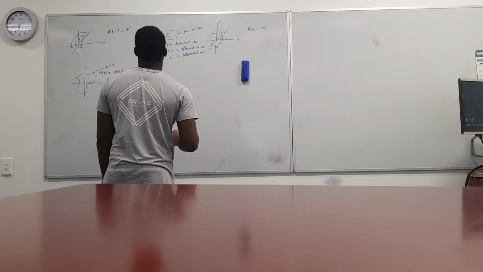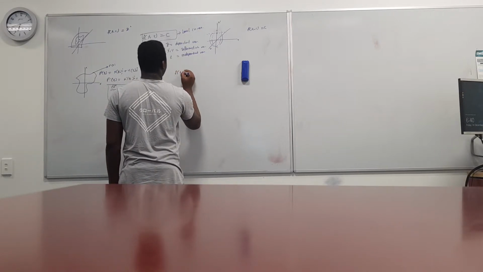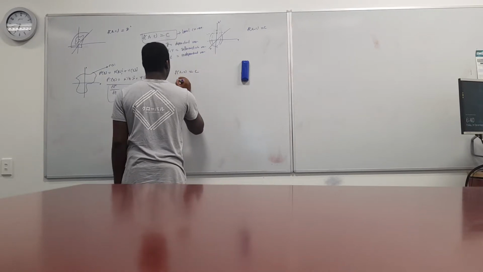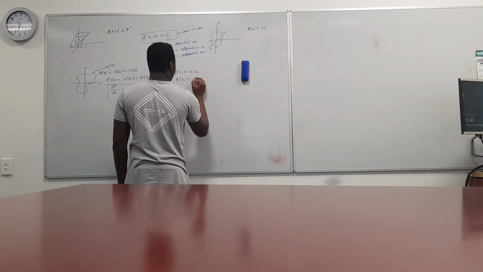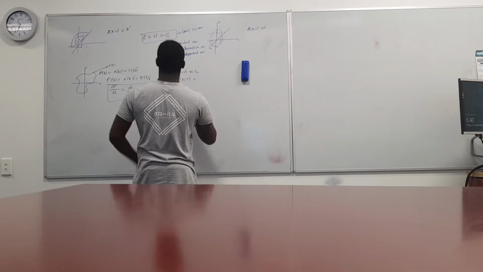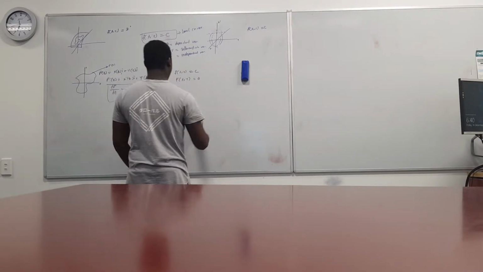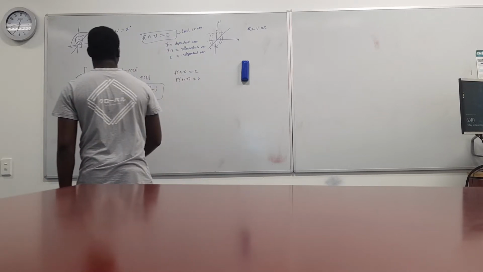So what am I doing? We know f of x comma y is equal to some constant c. If we take the first derivative, this goes to 0, because if you take the derivative of any constant, it goes to 0. But this is multivariable function calculus, so we have to have partials now.